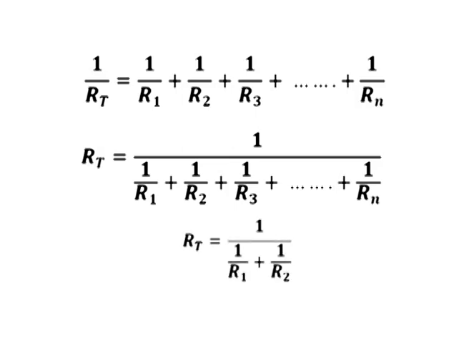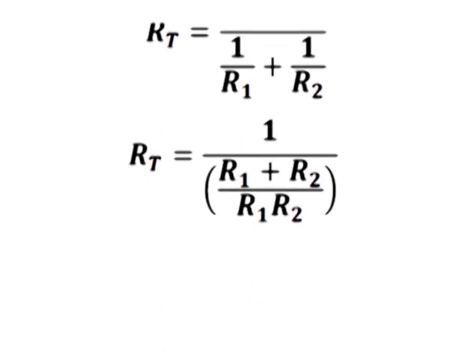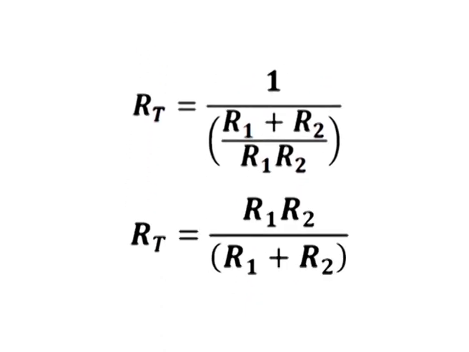where RT is equal to 1 upon (1 upon R1 plus 1 upon R2). Combining the terms in the denominator yields RT is equal to 1 upon (R1 plus R2 divided by R1 into R2), and this can be rewritten as RT is equal to R1 into R2 over R1 plus R2.